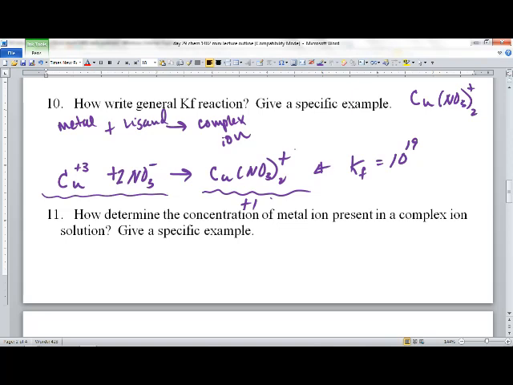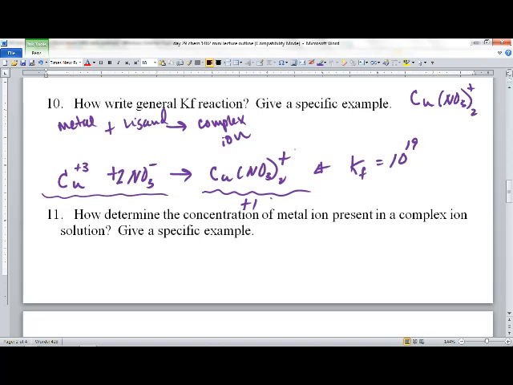It's very, very little. That's why all these questions are always interested in what's the free metal floating around. A lot of those free metals that they're interested in could be like platinum, cadmium, and chromium. They're really, really bad for you. That's what can really do some damage in your body. But there isn't going to be very much at all floating around because these KFs are huge. So the question that we're always messing with is determine the concentration of the free metal ion in solution.